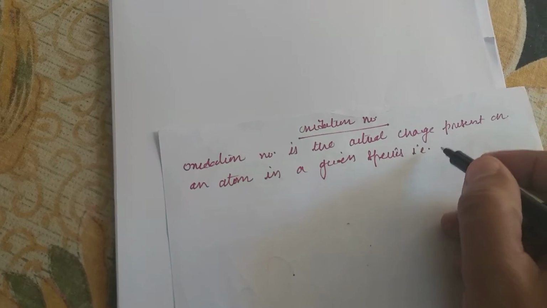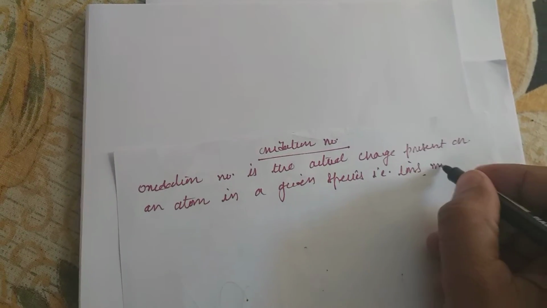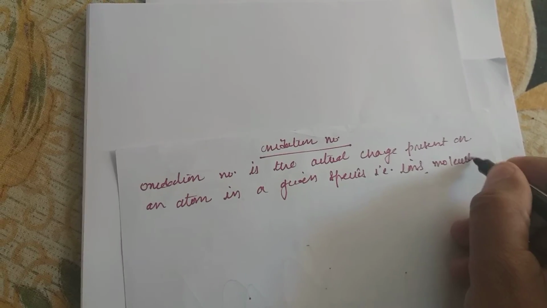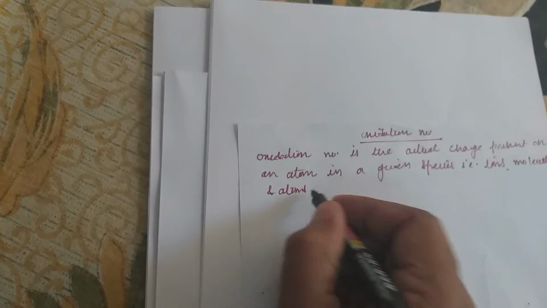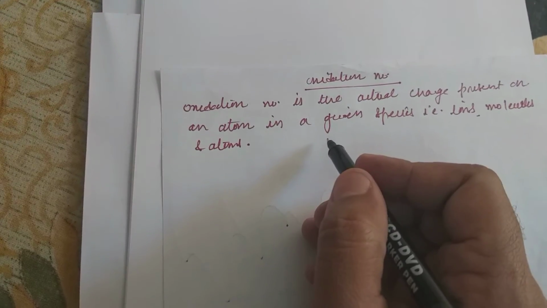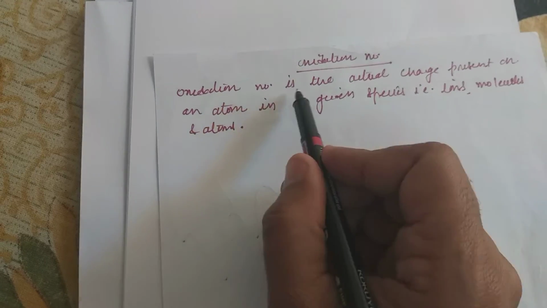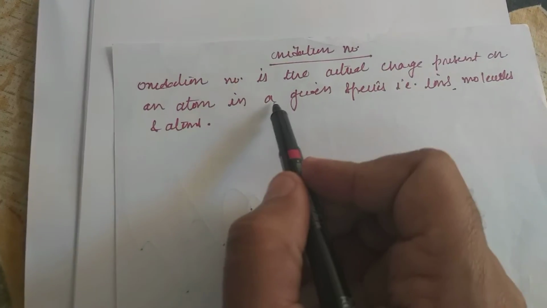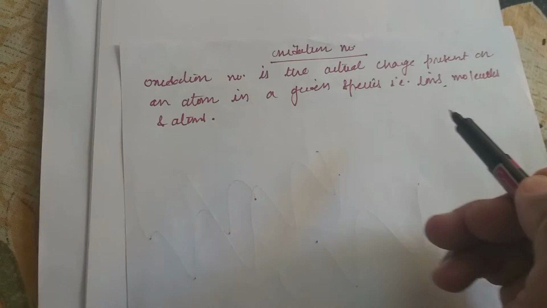Given species may be ions, molecules, and atoms itself. That is known as the oxidation number of an atom. Oxidation number is the actual charge present on an atom in a given species. It means ions, molecules, and atoms.